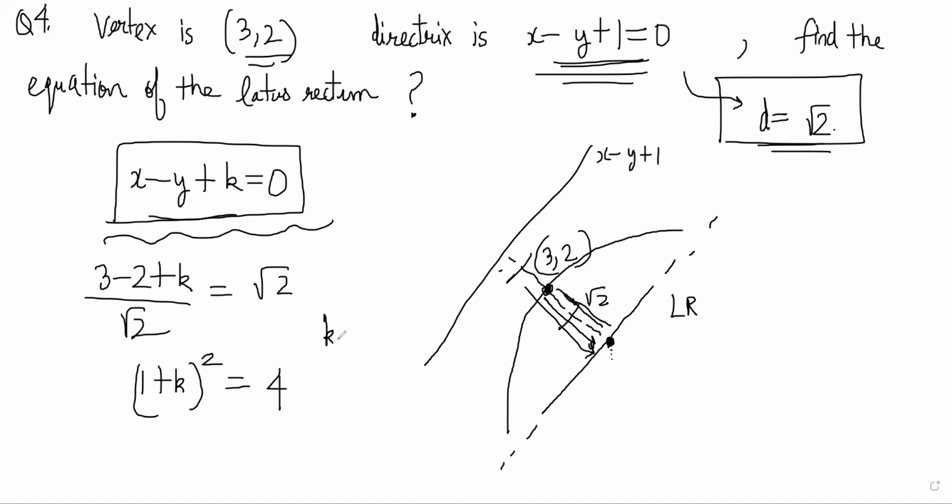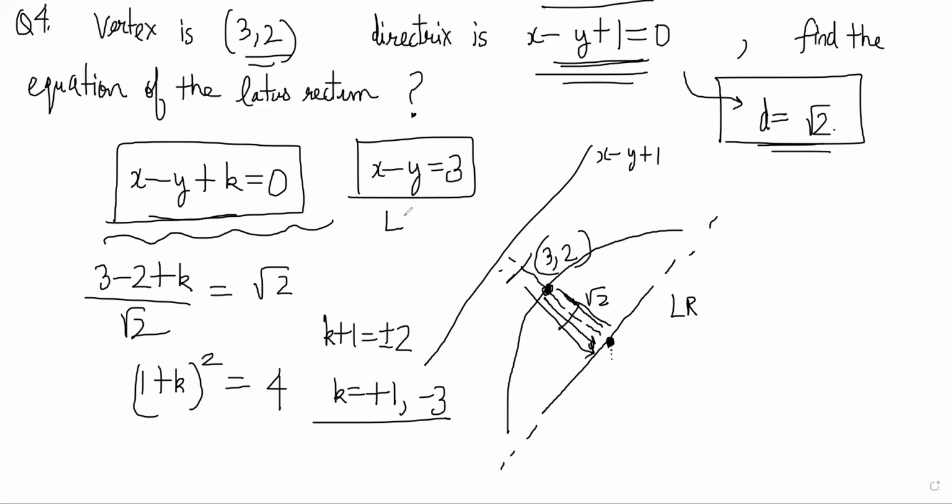So k plus 1 will be either plus or minus 2. So k would be 1 or minus 3, right? 1 is for this line, minus 3 is for the other line. This is your LR, but in case you have to find out the focus, you should know how to get the focus also.